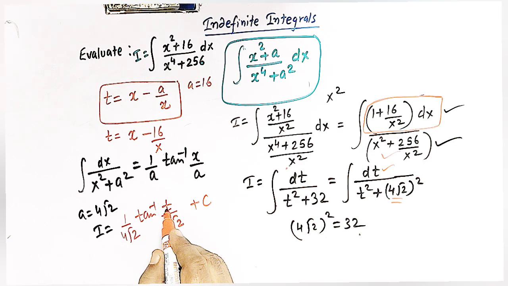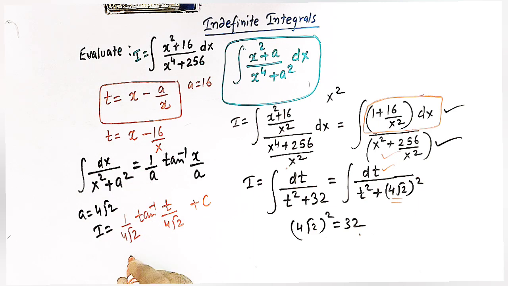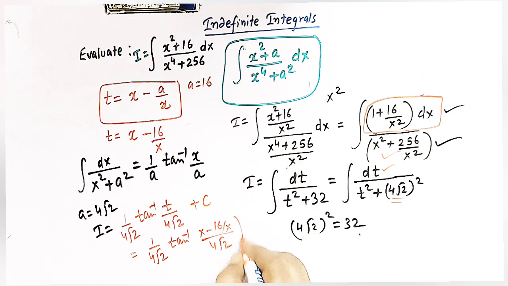Now again replacing this t by x minus 16 over x, we can now write 1 over 4 root 2 tan inverse x minus 16 over x divided by 4 root 2, and here c is the constant of integration.